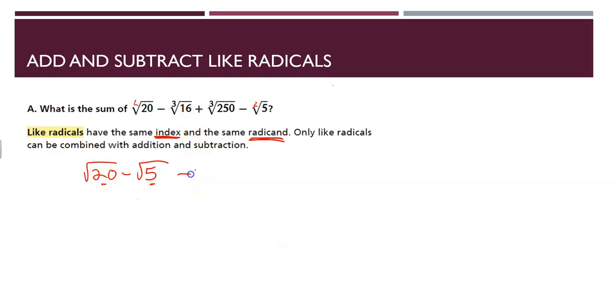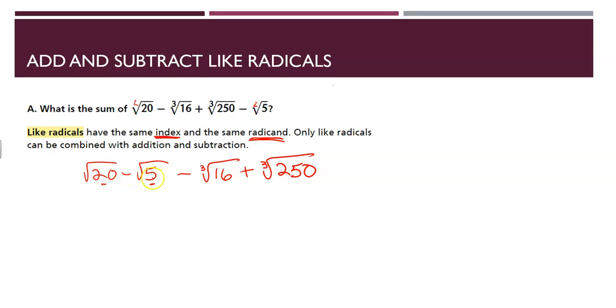And that, let's look at the cubed root one. Cubed root of 16. So those, again, have the same indexes, or indices, but different radicands. So maybe I can rewrite that in such a way that I can combine these.